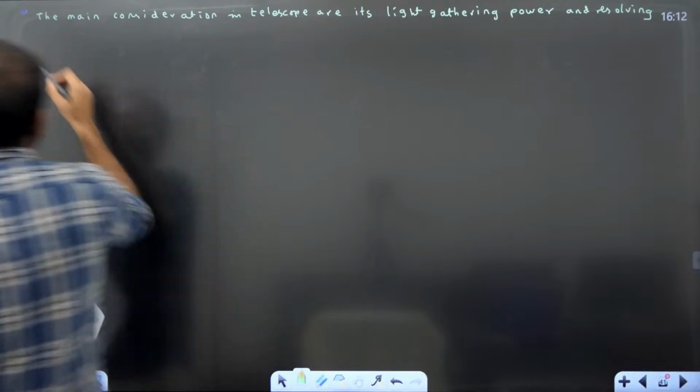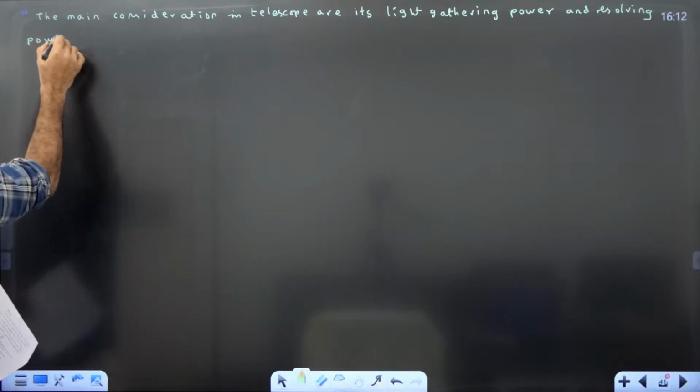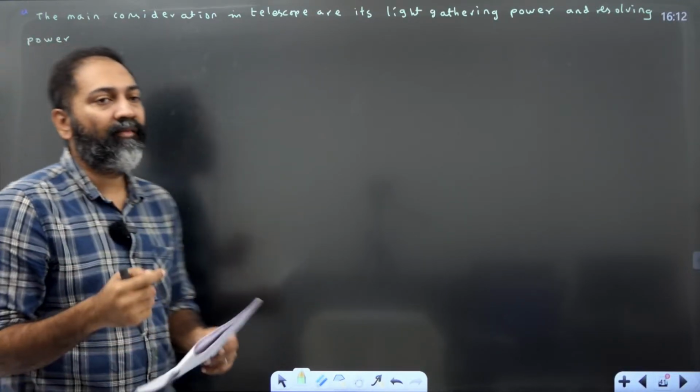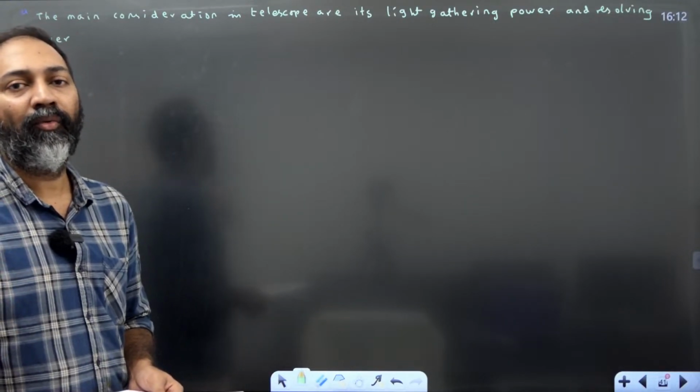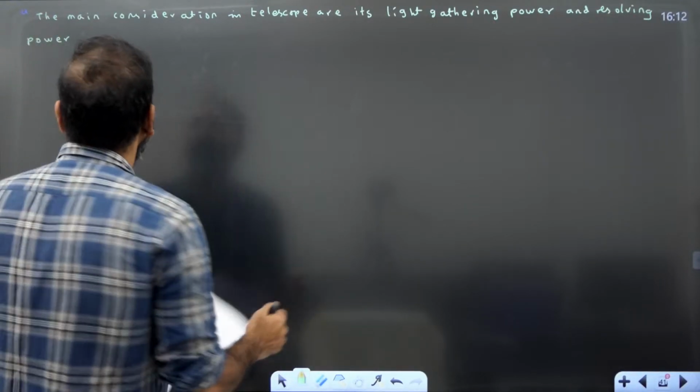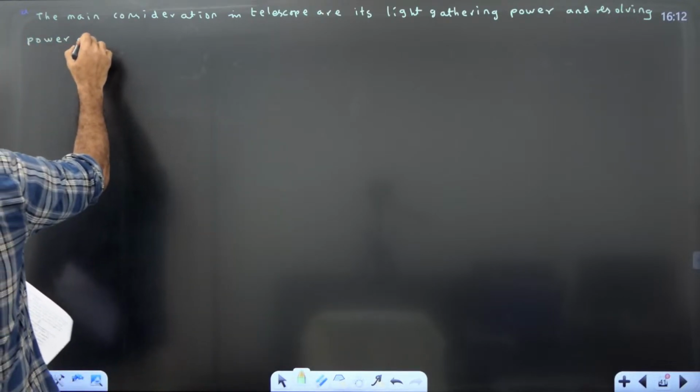Resolving power means what? How effectively a telescope is able to distinguish between two objects. Resolving power is also called resolution.